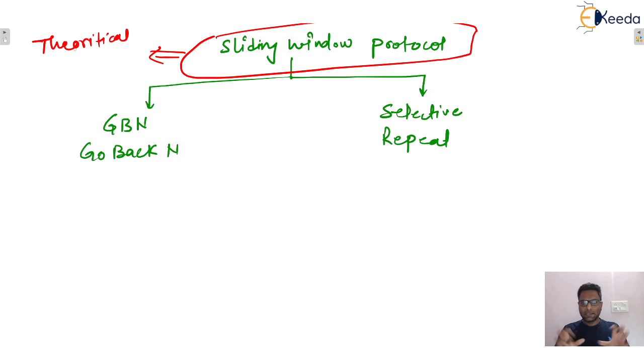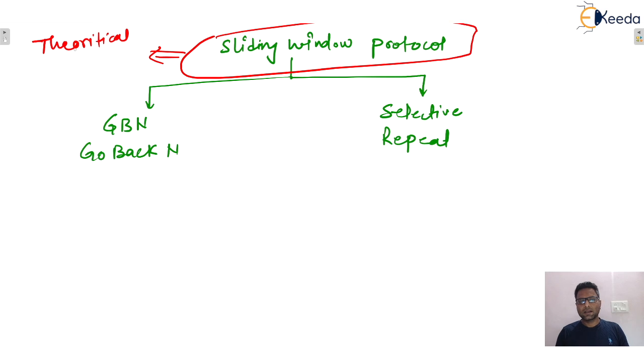So in GBN and Selective Repeat we will see the size of the receiver as well as the sender windows. So one by one we'll see GBN as well as Selective Repeat.